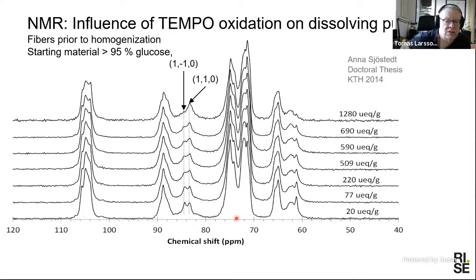It's essentially only the surface signals that suffer as we increase the degree of charge of the fibrils. This is a very interesting set of spectra that I could talk about at length, but I won't. It's just an illustration that once we have a basic understanding of the spectral features, we can immediately say that, well, yeah, we most likely have a surface modification of fibrils here.